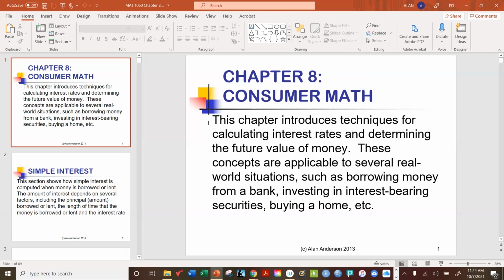You might go to the store and buy groceries with your credit card, for example. When you do that, you're borrowing money. So it's awfully important to understand what interest rates are, where they come from, and how they're calculated. We're going to address some of these questions in this chapter. We can't get to all of it in one chapter, but we can at least introduce the most important concepts.